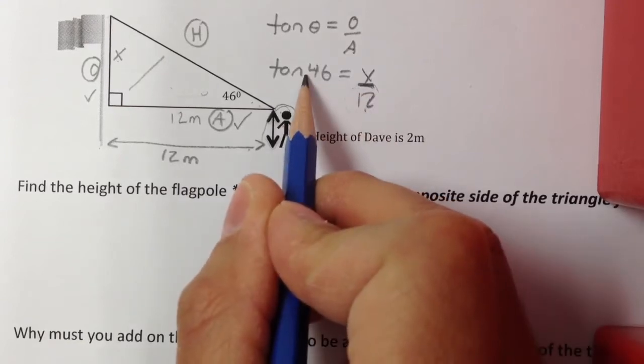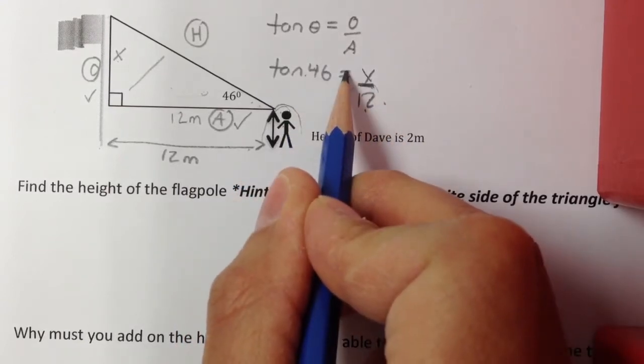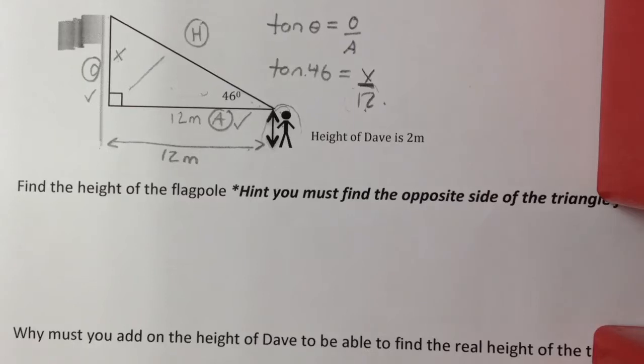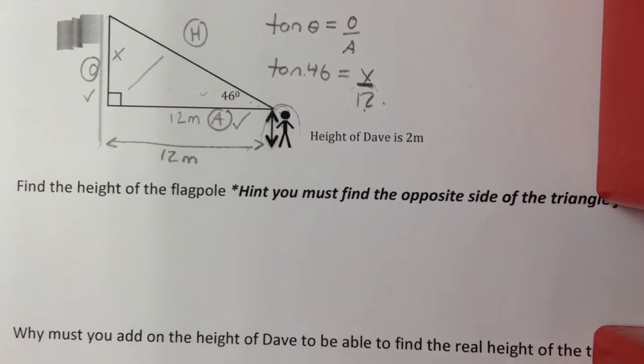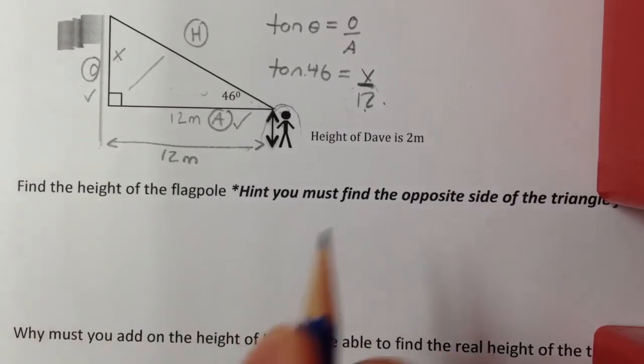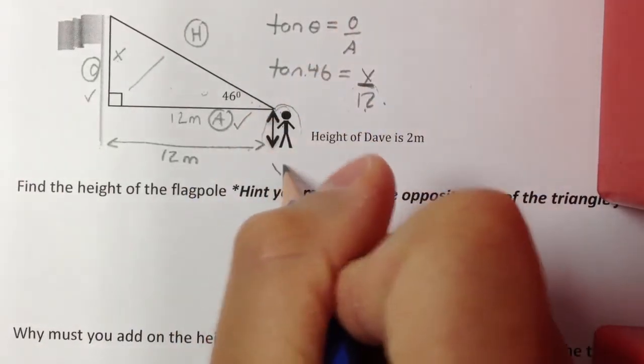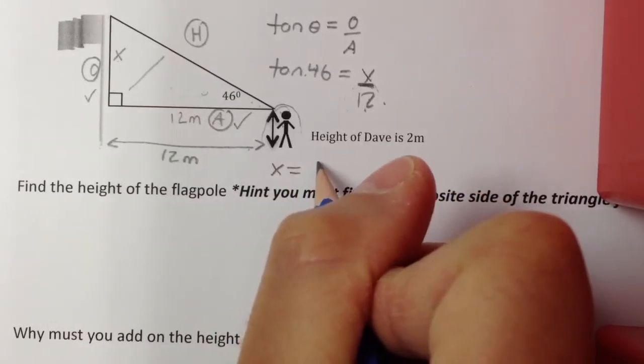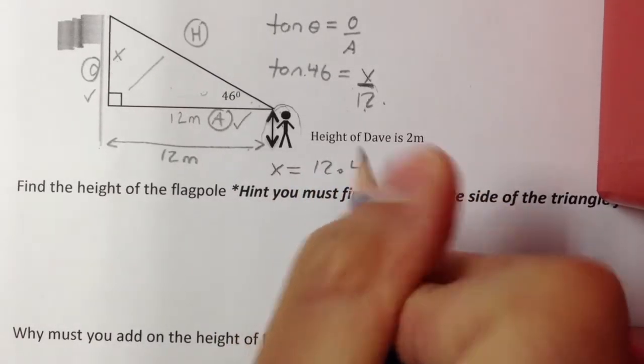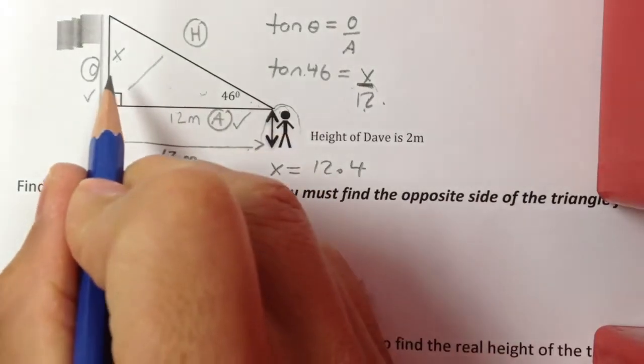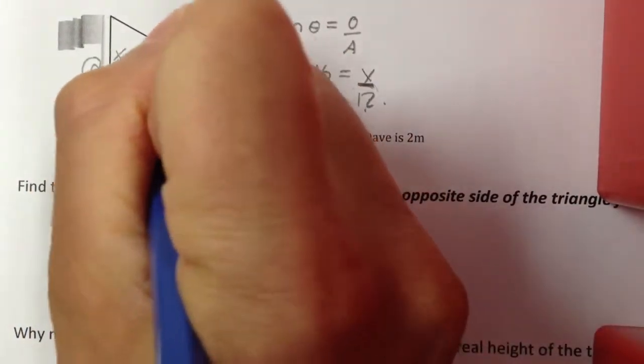So you're just going to go tan 46, bring the 12 up, and times it. So when I do that, I'm going to go tan 46 in my calculator, hit equals, and times it by 12. And I get x equals 12.4. So that means the height of the triangle is 12.4.